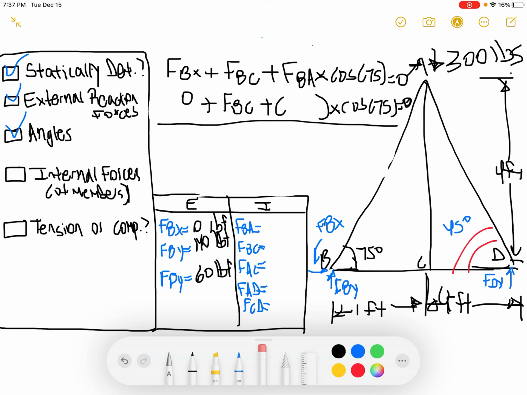So we need to do the sine of it this time because we're getting the y component. So 60, because that's the FBY, plus FBA times the sine of 75 degrees equals 0. The sine of 75 degrees, we aren't going to solve that. We're going to divide by it.